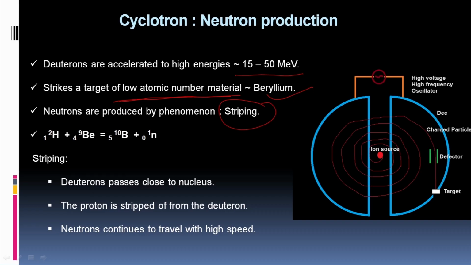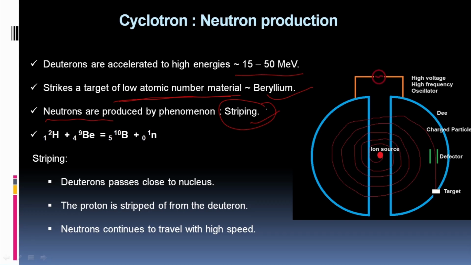You may recall that in X-ray production we use a high atomic number material as a target, but in neutron production we use a low Z material such as beryllium.